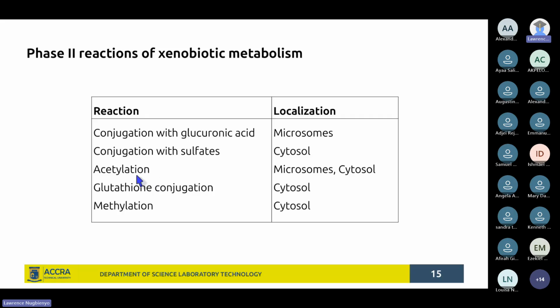You have some glutathione conjugation. I don't know if there's a term called glutathination. It's possible. These scientific words can easily be found. And you have methylation, which is conjugation of a methyl group to the substance.